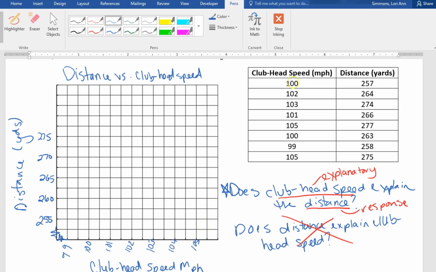And now we plot the points. So we have 100, then 257. So find 100 on the horizontal, and then go up to 257. 102, 264. 103, 274.